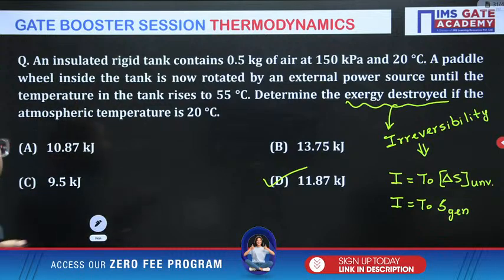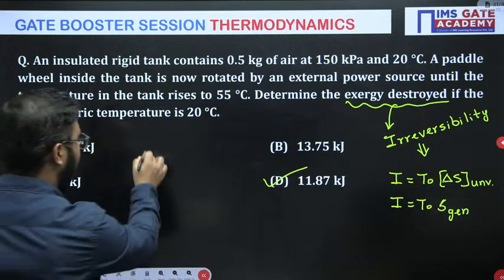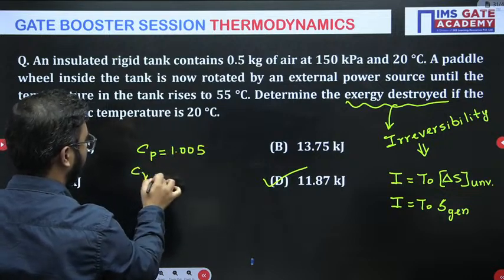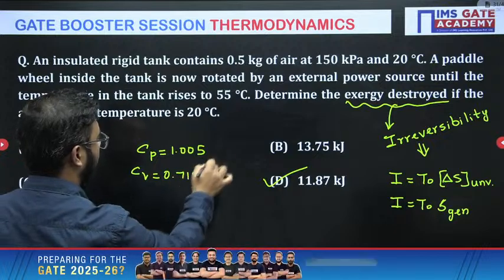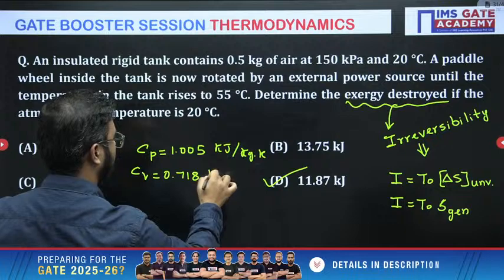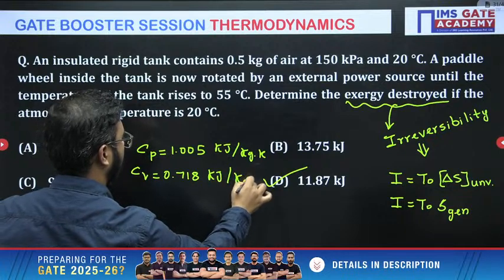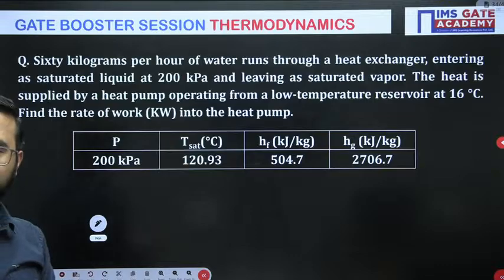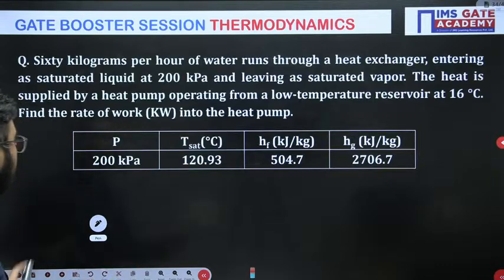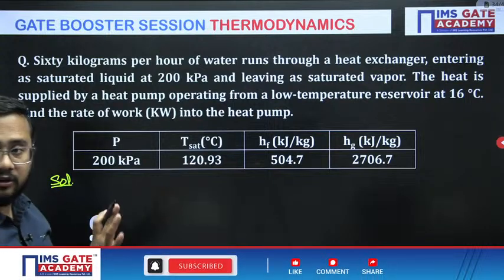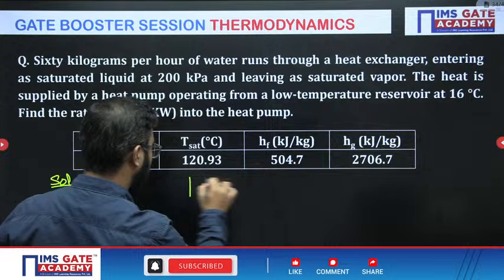If it is air, by default you should remember the values. Okay, no issue. Now, for clarity's sake, I will draw the diagram so that you will understand how to solve this question.